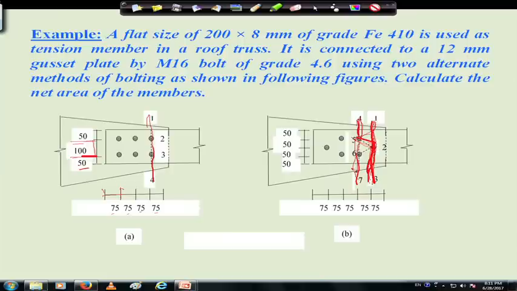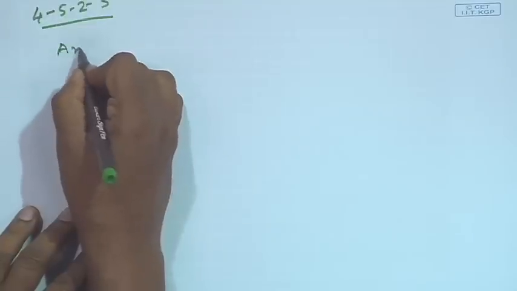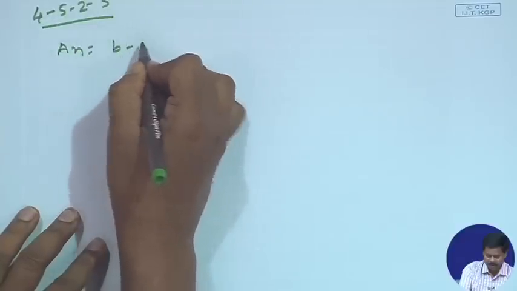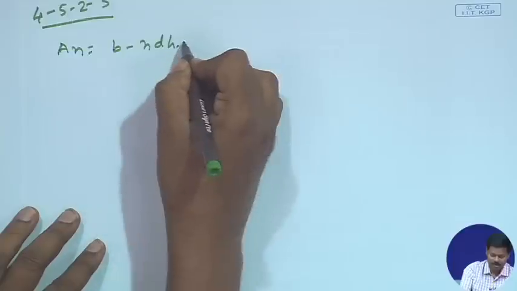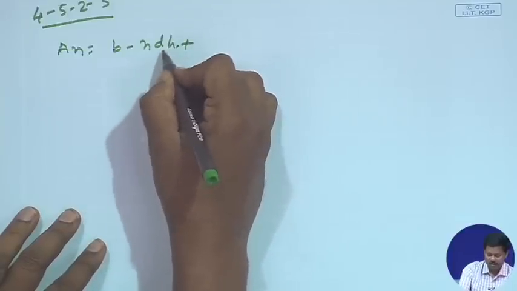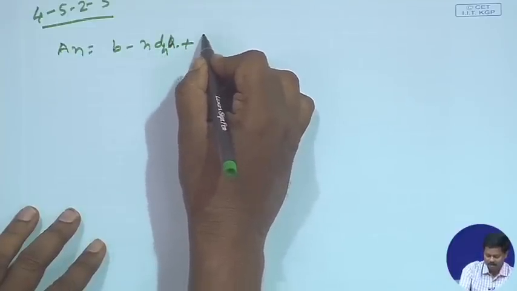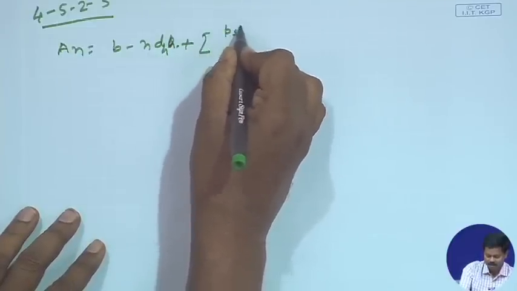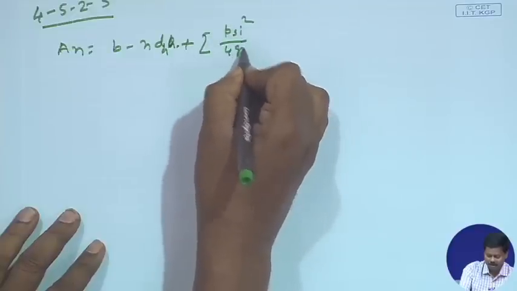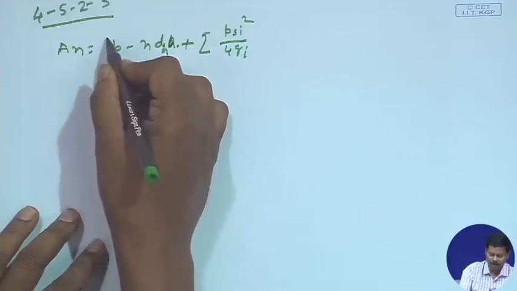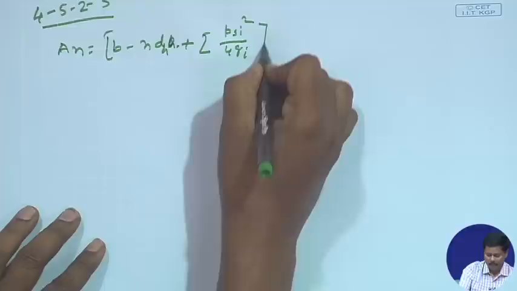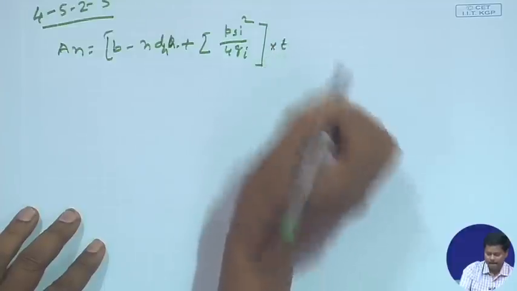So, if I calculate A n, this will be B minus n d H plus p square by 4 g into i. Here i is equal to 1, into t.